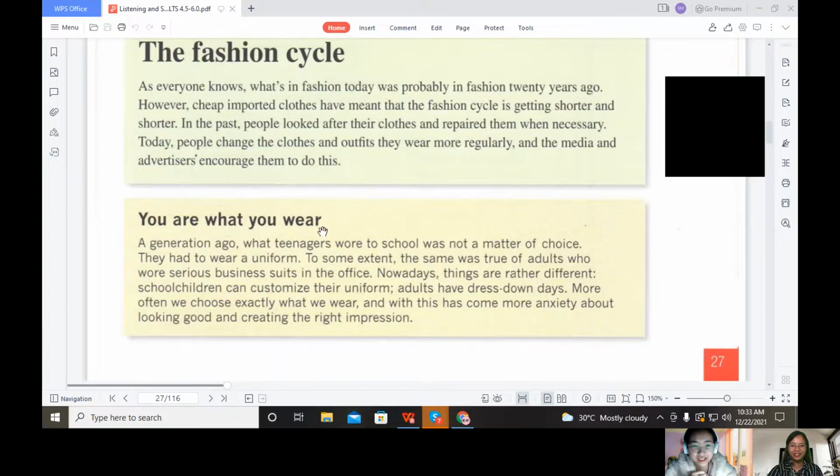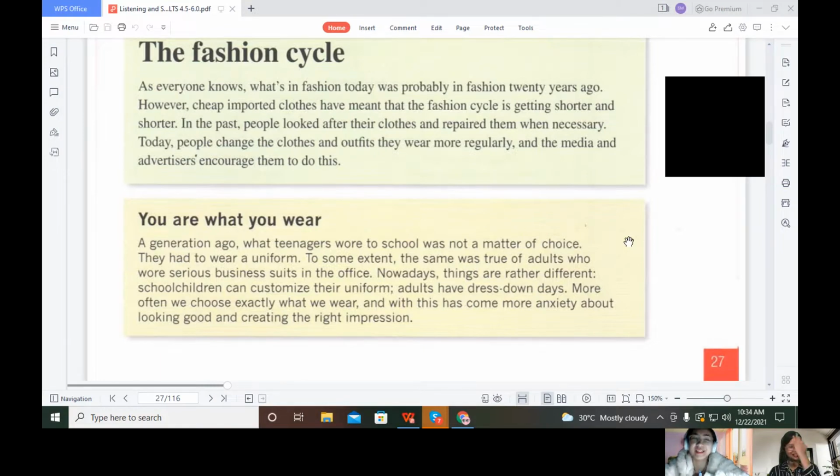How about you? When your clothes are torn, what do you do with them? When it's just a small tear, if I can repair it, I should do it.